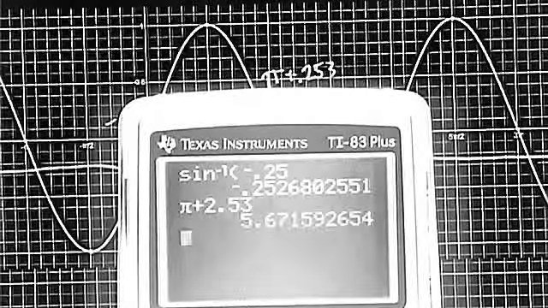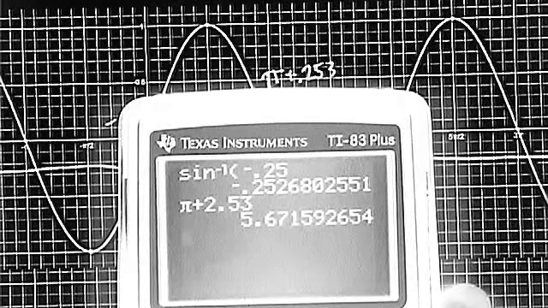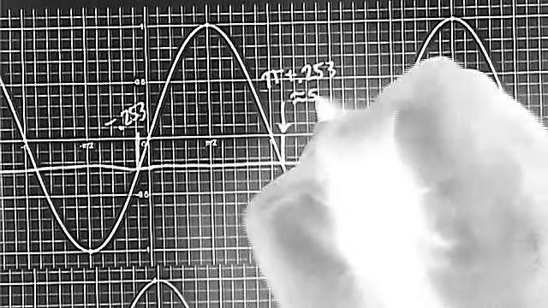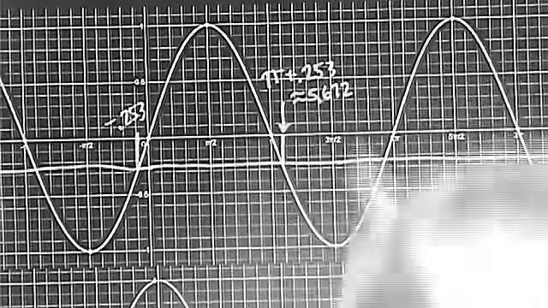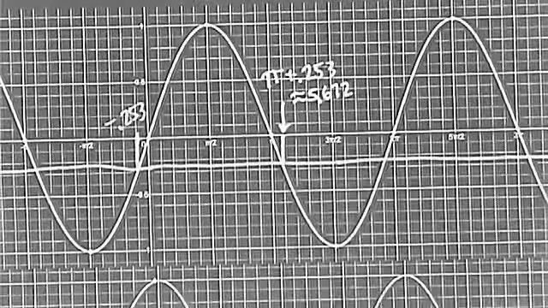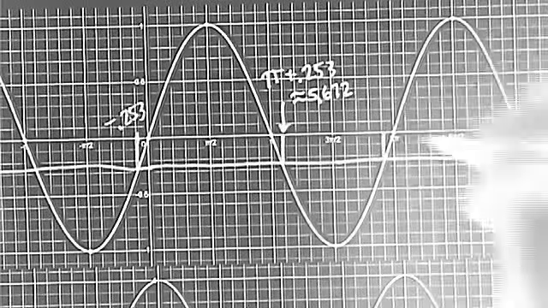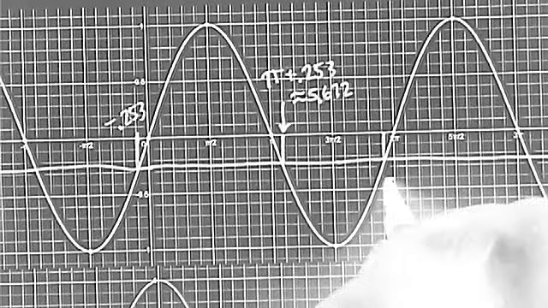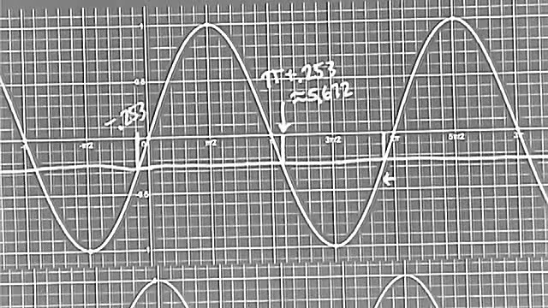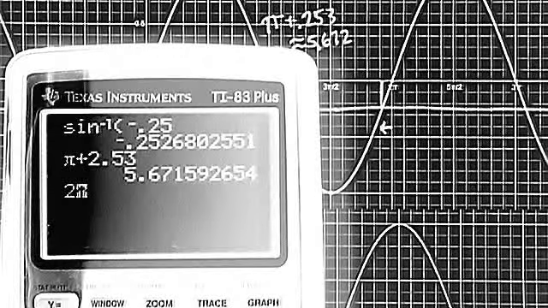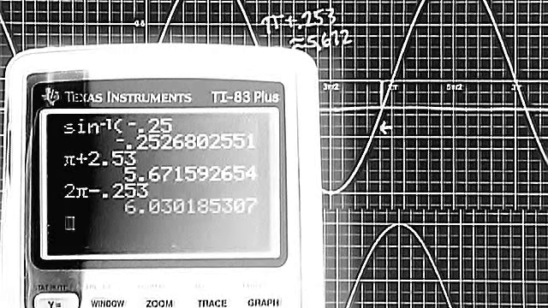On my calculator that gives me approximately 5.672. That is a specific solution from 0. And how could I also find the other one right here? Well, remember, you're coming backwards from 2 pi. So 2 pi minus 0.253. So the other solution would be 6.03.